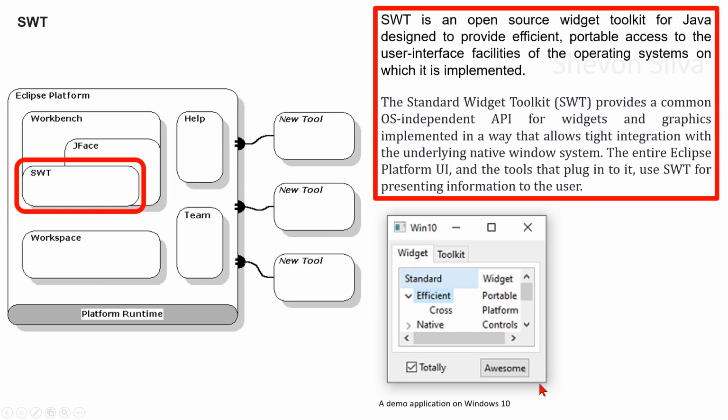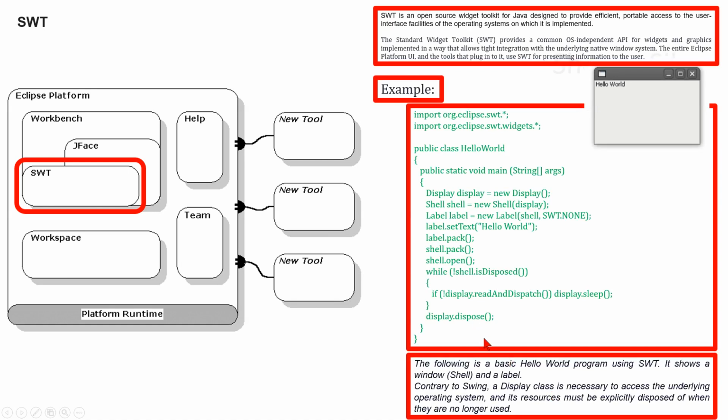Here you can see a demo application on Windows 10. As an example, we can consider this code segment. The following is the basic Hello World program using SWT.